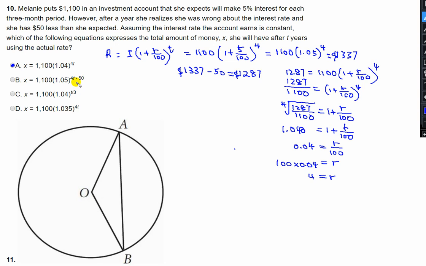Can we do a better guess without working through these steps? Let's analyze. If we get less than what is expected, the interest rate should be less than 5. Am I right? So it can be 1.04 or 1.035. In terms of definition, these are correct. The only choices we have are 1.04 and 1.035.